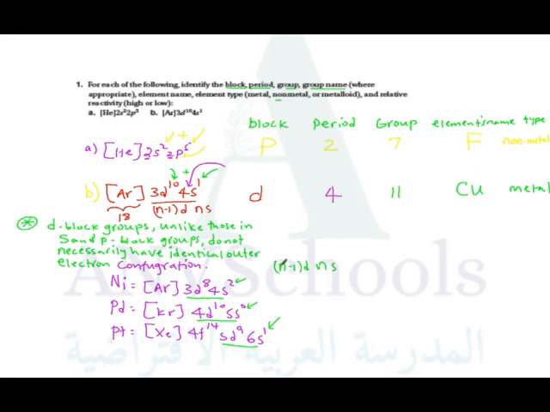So all of them are transition metals, because n is always the outermost shell. For palladium, the outermost shell is 5, so 5 minus 1 is 4. For platinum, the outermost shell is 6, so 6 minus 1 is 5. For nickel, the outermost shell is 4, so 4 minus 1 is 3.